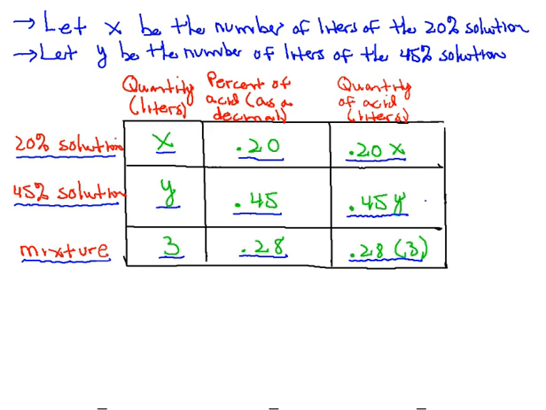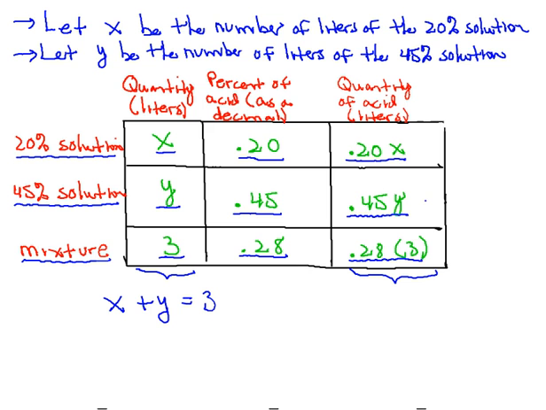Now we'll use the first and the third columns here to write the system of equations we need to solve the problem. So hopefully it's pretty clear that we could write that x plus y is equal to 3. The number of liters of the 20% solution added to the number of liters of the 45% solution is equal to the number of liters in the mixture.